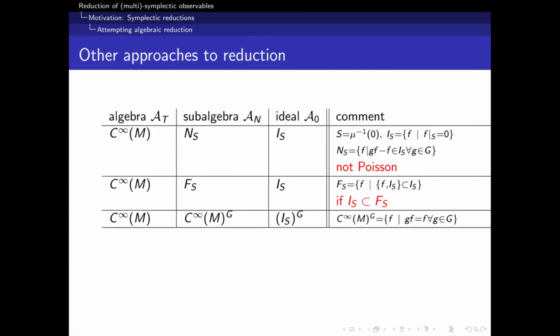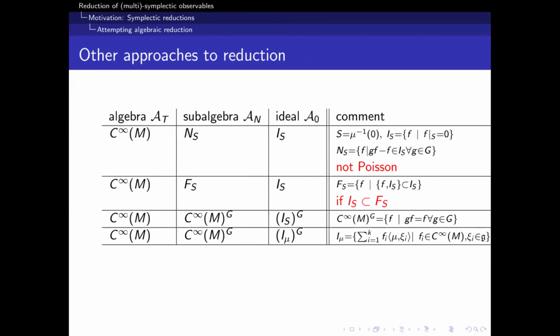But other things you could do is you could just look at the invariant functions and quotient that by the invariant functions vanishing on the subset. Or what you could do is look at the invariant functions and quotient by the functions which are G-invariant, but which are also generated by the momentum. So now we are reintroducing the momentum.